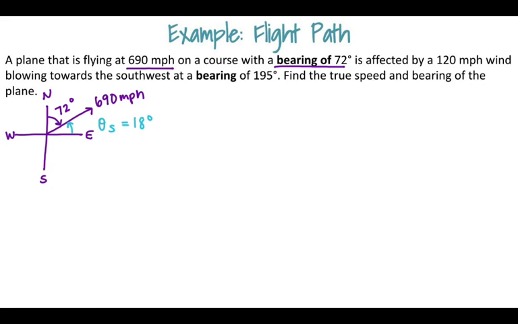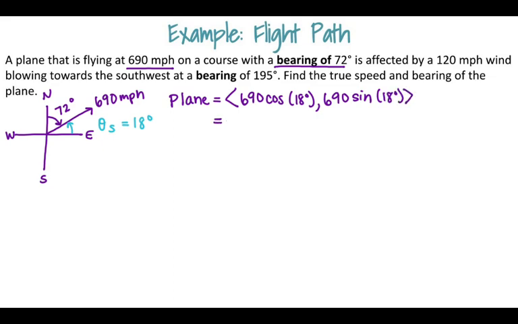So I'm going to start setting up for my plane vector. For the plane, to find my horizontal component, I'm going to take my magnitude, which is 690, times cosine of my angle from standard position. And for my vertical component, I'm going to do 690 times sine of my angle in standard position.